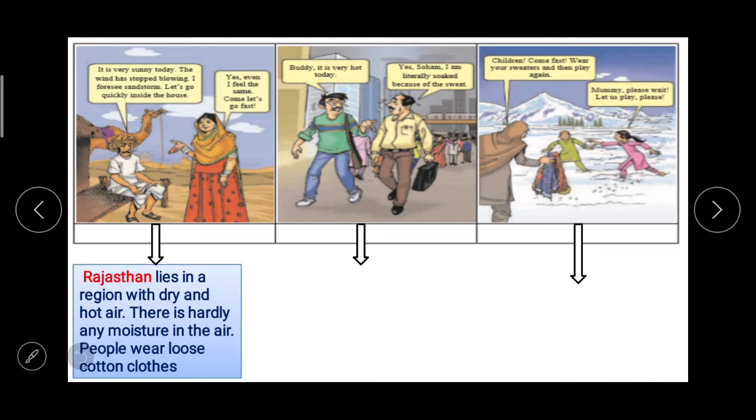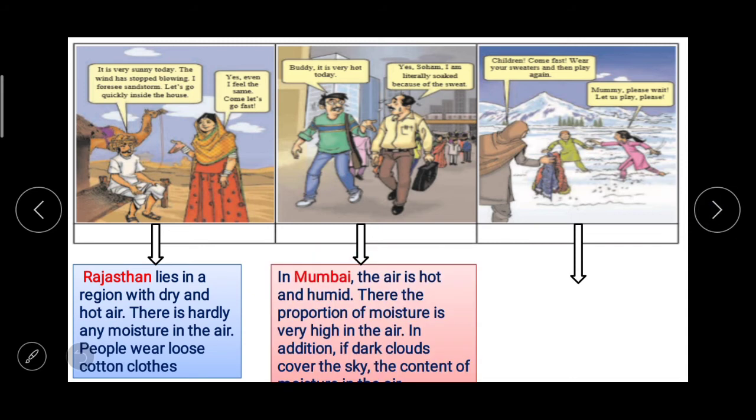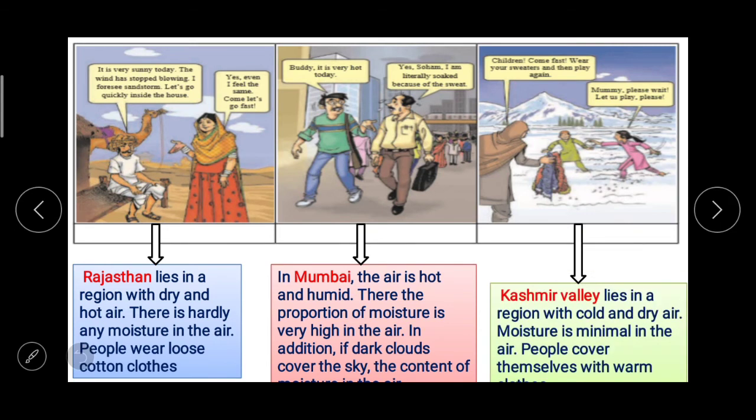And in the second one, buddy, it is very hot today. Yes, Soham, I am literally soaked because of the sweat. And now in the third one, children, come fast, wear your sweaters and then play again.